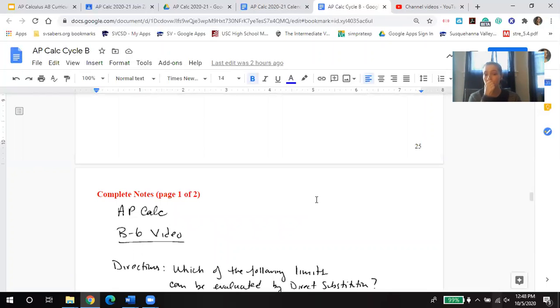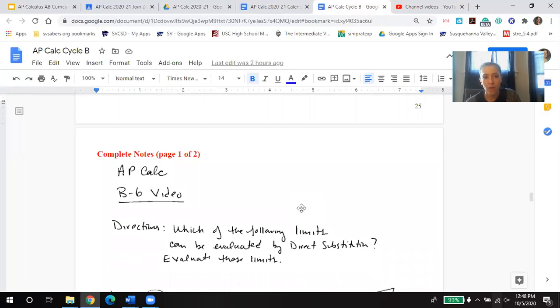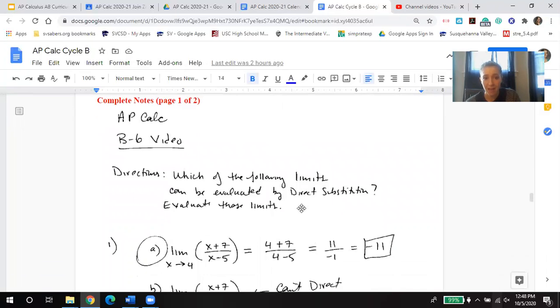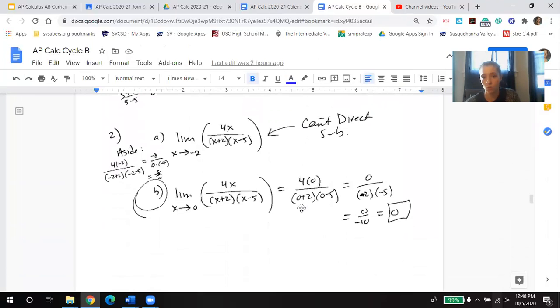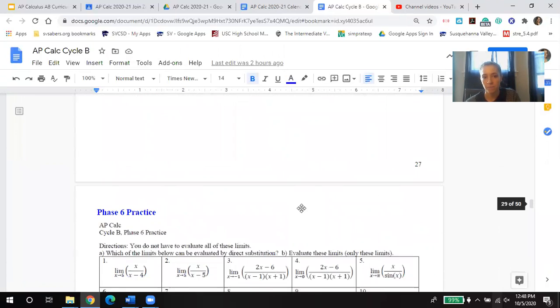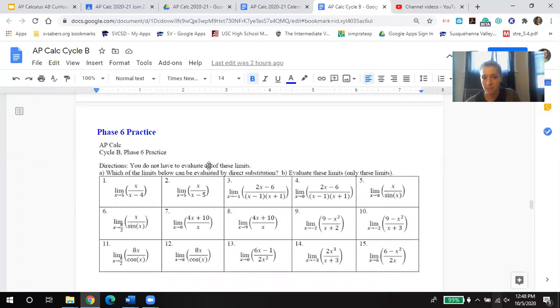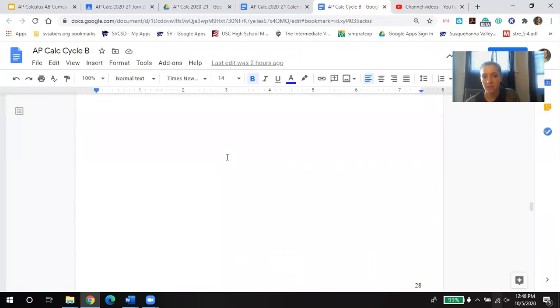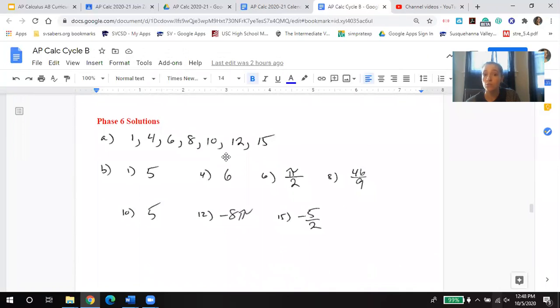But I know for some people it's hard to pay attention and take notes at the same time. So if a student learns better not taking notes, here are completed notes if they would like to just listen. Then there is a practice section, and then there are solutions, and that just keeps repeating.